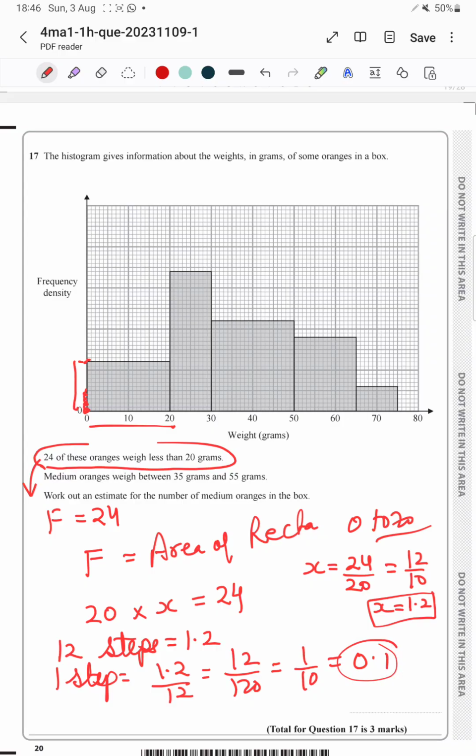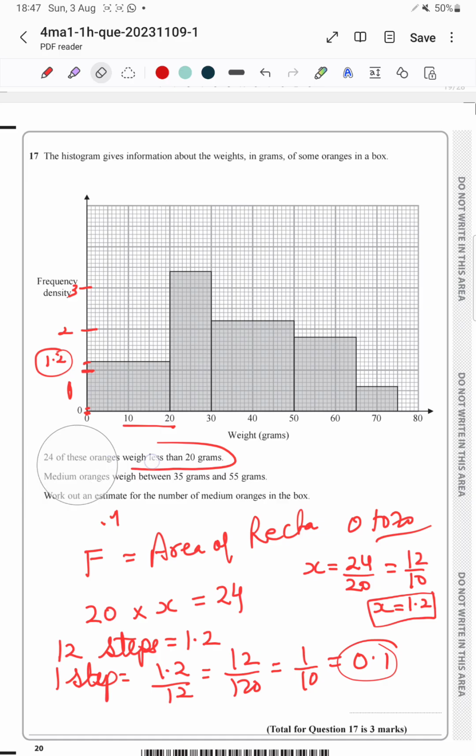So now I know that if I go one jump further from this point, it is 0.1. There are 10 jumps up to here, so this is 1, then this is 2, this is 3, and so on. And here there are 2 more jumps, so it is 1 and then 0.1, 0.2, so 1.2. One thing is clear to us: now we can solve everything based on this scale.